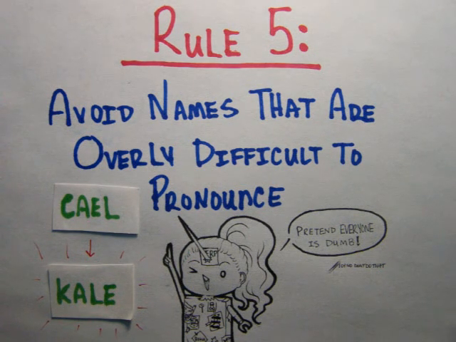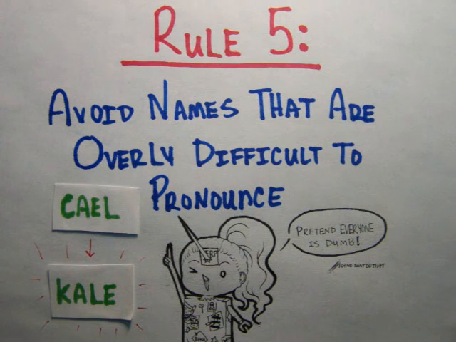Not always do you need to change a difficult name. Sometimes you can make small edits to the way the name is spelt, and it will make it much easier to pronounce, especially when it comes to names that can be interpreted multiple ways based on the spelling. For example, the name Kale can be spelled many different ways.